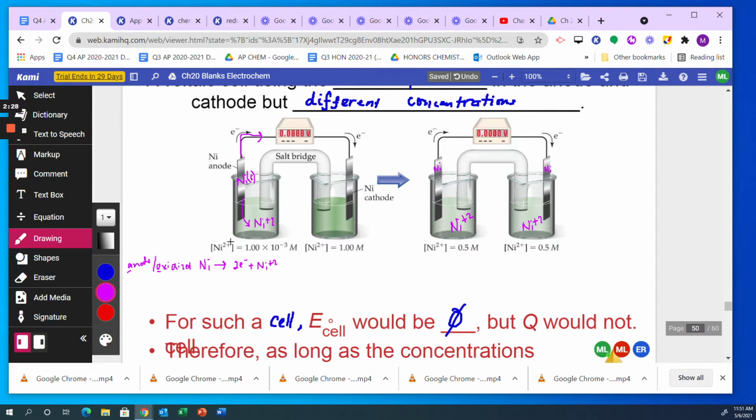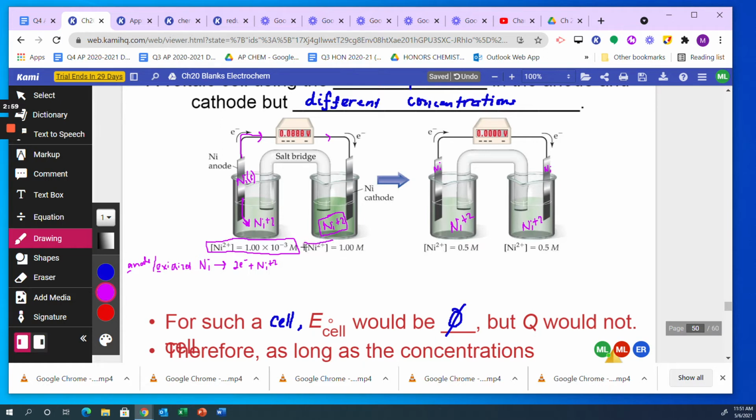So what they do here is they made the molarity of nickel plus 2 really small to make the reaction proceed this way to the right, making the nickel plus 2. Over here, what is accepting those electrons? 2 electrons specifically. That's correct. The nickel plus 2 is taking in the electrons, so the more you have of this, the better off you are.